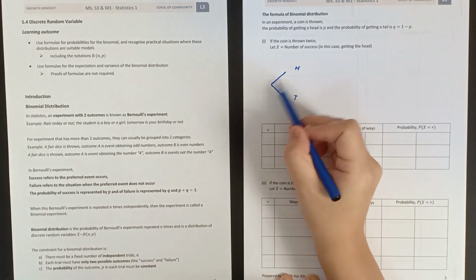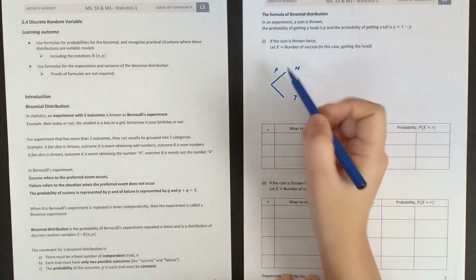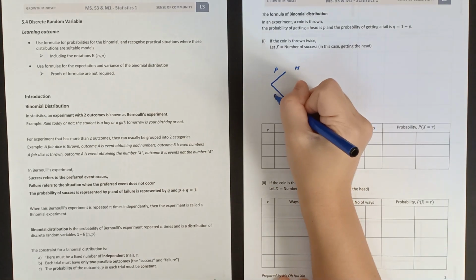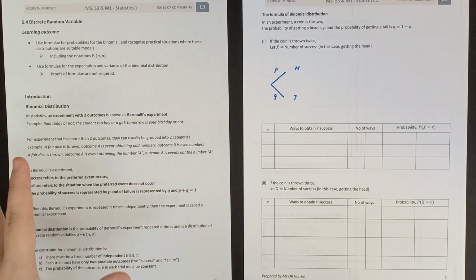The probability for head to happen is basically P, meaning the probability of success. T is Q. So when we say that head is the success, tail is the failure.